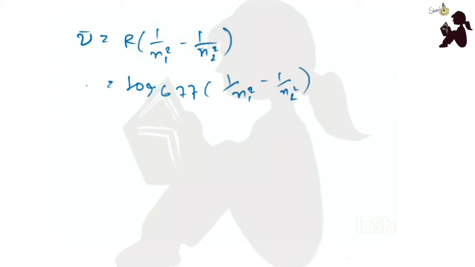Now, if this n1 is 1 and n2 can be anything from 2 to 4, 5, 6, 7, this series will be called the Lyman series.